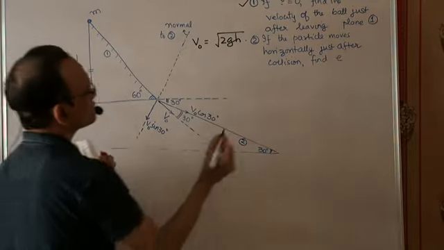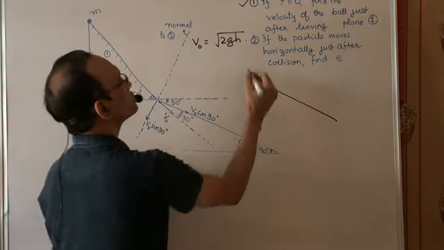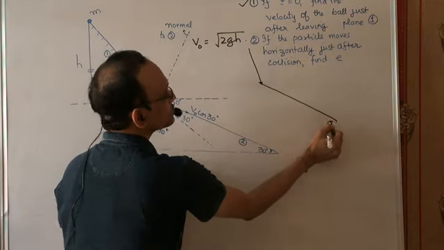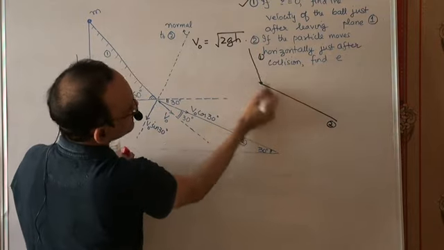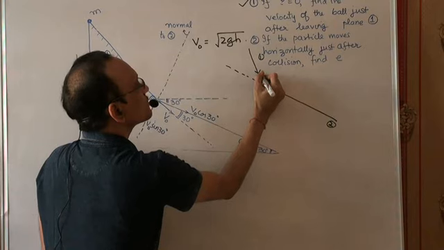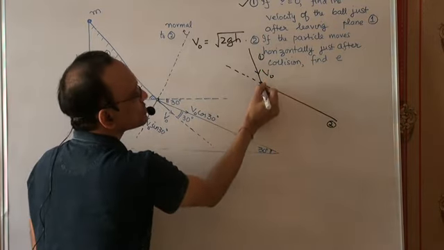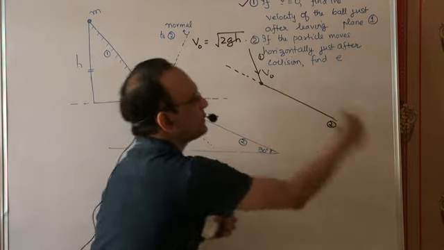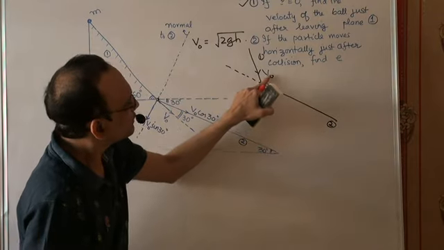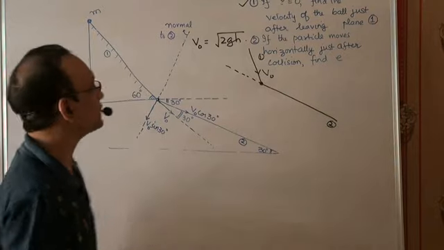Yes, indeed it is a collision, because if I look at plane 2, this is plane 1, and if I just extrapolate plane 1, then this particle is coming to this interface, which is this point, with a velocity v0. So would you not think it's a case of oblique collision? This particle of mass m hitting plane 2 with a velocity v0 as shown, right? So it's an oblique collision.